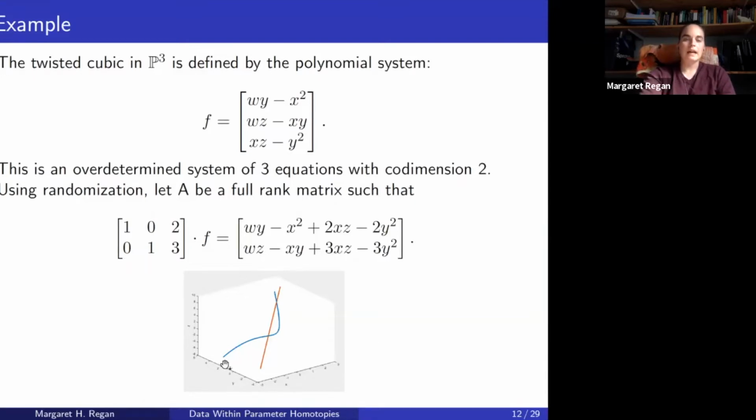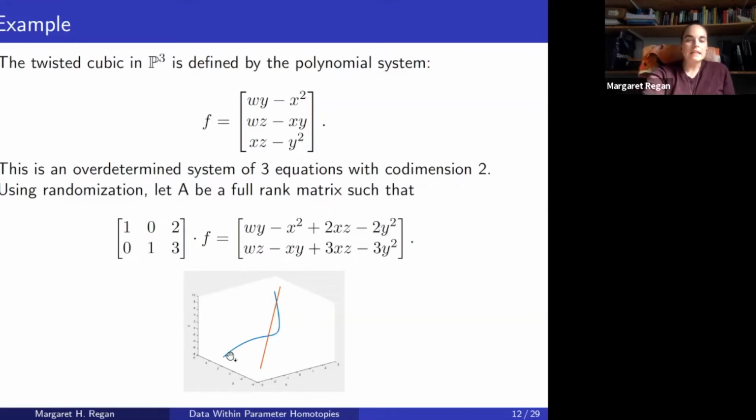And what we get is, this is the twisted cubic in blue. And then we get this extra line that we call this junk line, right? It's an extra set of solutions that solve this well-defined new system using the randomization matrix A.